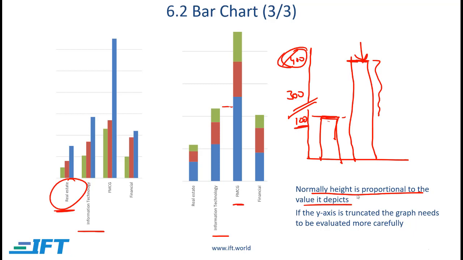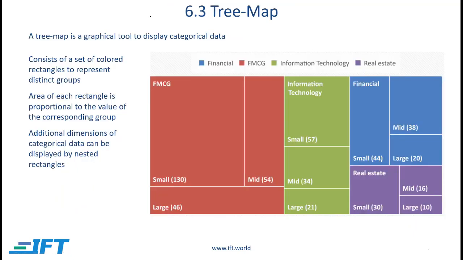So the point is that we should look at whether the y-axis is continuous and linear or whether it is truncated. A tree map can be used to display categorical data. A tree map consists of a set of colored rectangles to represent distinct groups. So here, for example, red represents FMCG, blue represents the financial sector, green represents information technology, and purple represents real estate.